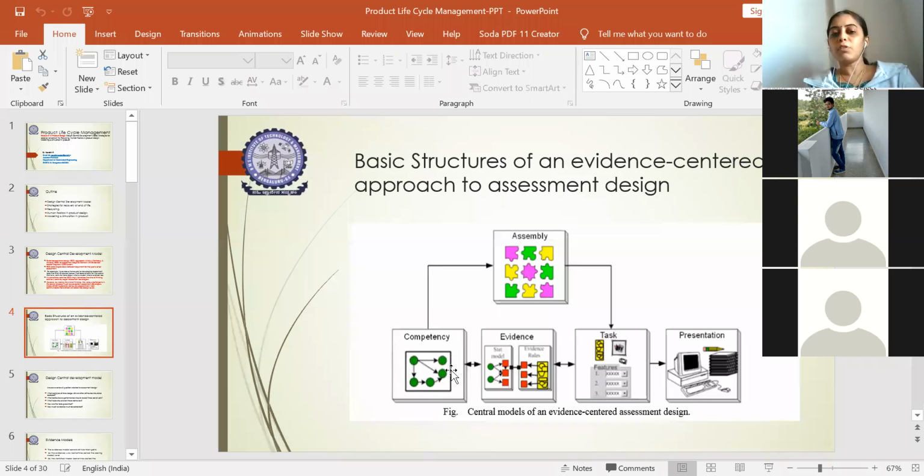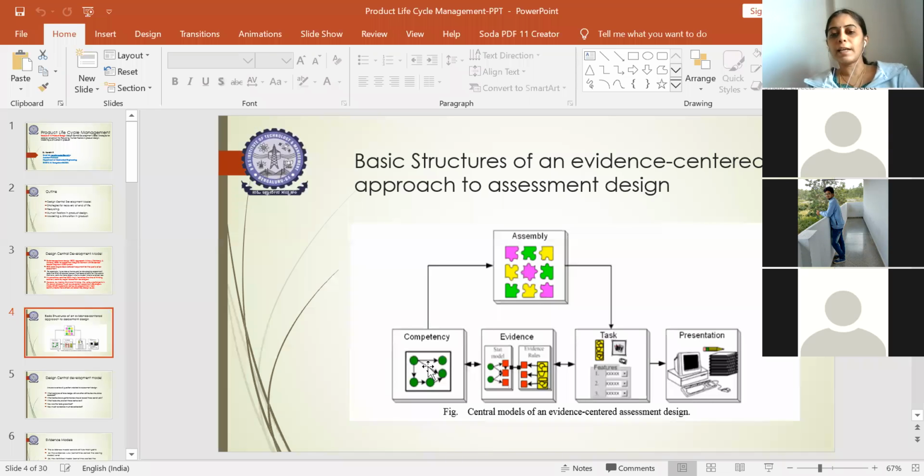We have dealt with different design processes, how the design process evolved, right? And in today's market, there is a lot of competency. So a normal regular design cannot make you competitive in the world.